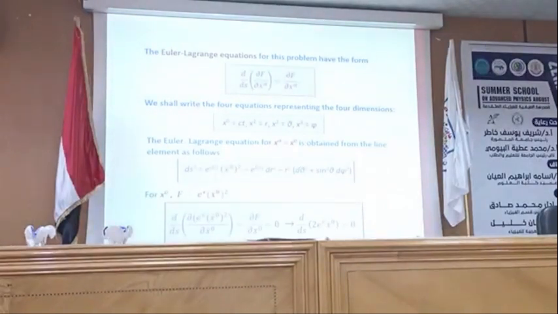Let's start with the first one. So f is equal to e to the nu. I have to keep in mind that this nu is a function of r, and this is x dot 0 all squared. So I'm taking this element. This is the only element that contains the first dimension.